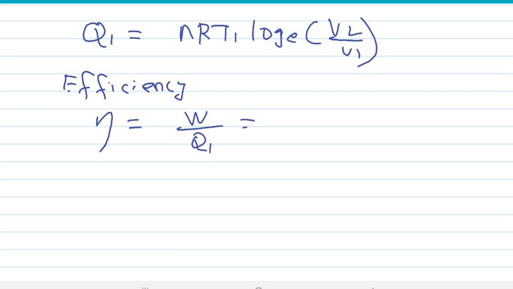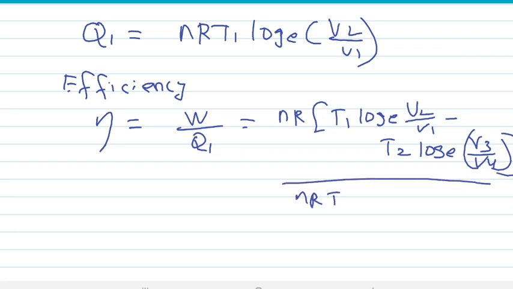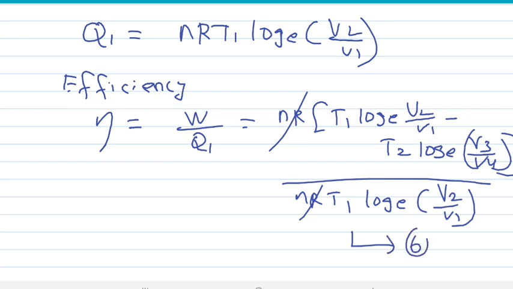So with the formula we just got, nR into T1 into log base e V2 by V1 minus T2 into log base e V3 by V4, whole divided by Q1, which is nRT1 into log base e V2 by V1. So here nR is cancelled. This can be taken as equation number 6.